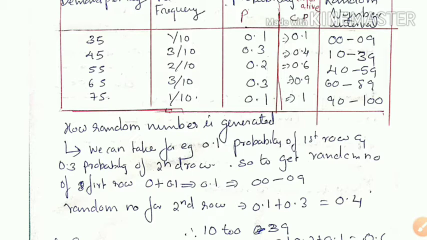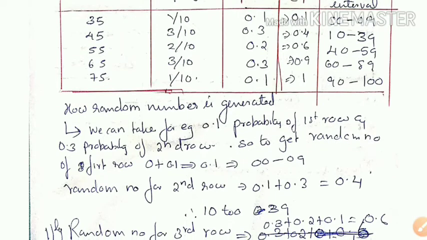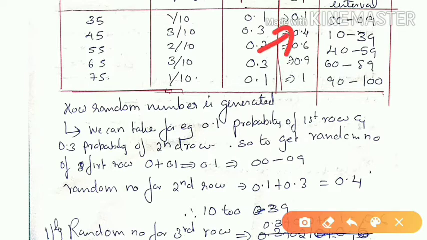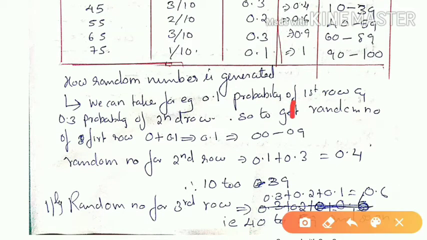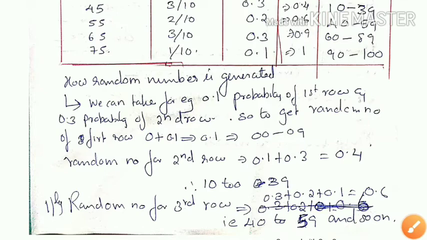So we add the first row with 0. 0.1 plus 0 gives 0.1. Next 0.3 plus 0.1 gives 0.4. Now we add 0.2 plus 0.4 to give 0.6. Then 0.3 plus 0.6 gives 0.9. 0.1 plus 0.9 gives 1.